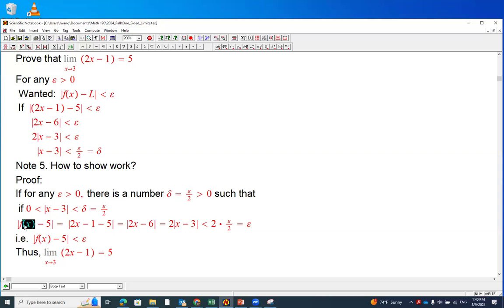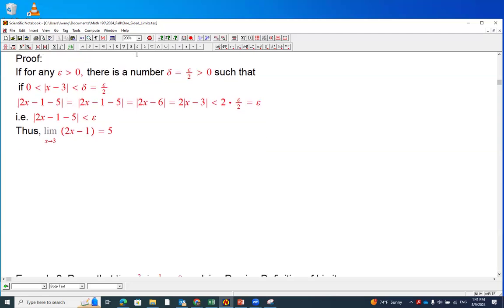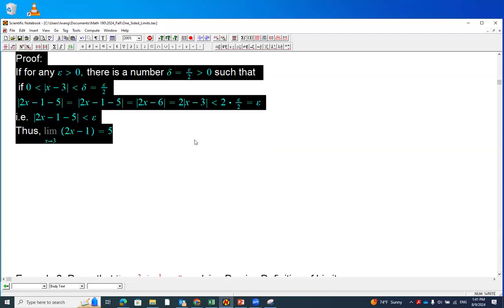So you can put 2x minus 1 there, really. And that's it. So the work you can show to get full credit is this much.